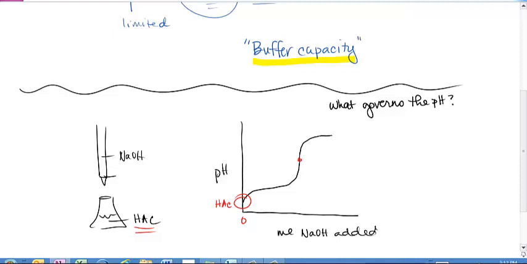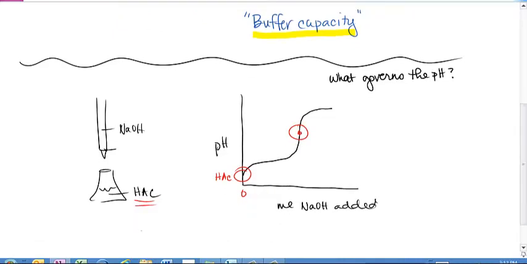Then over here at the equivalence point, we're reacting acetic acid plus OH-, getting water and the acetate ion. At the equivalence point, these things are gone, which means it's the acetate ion that's governing the pH.